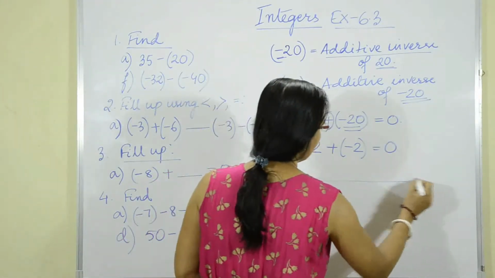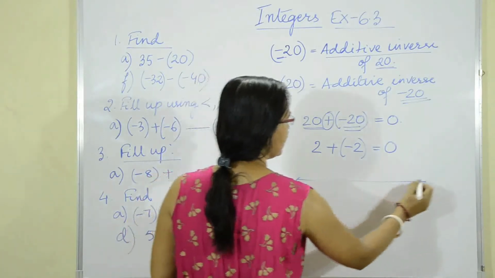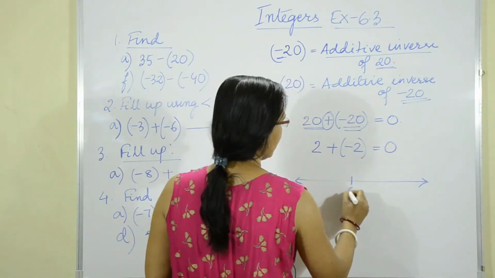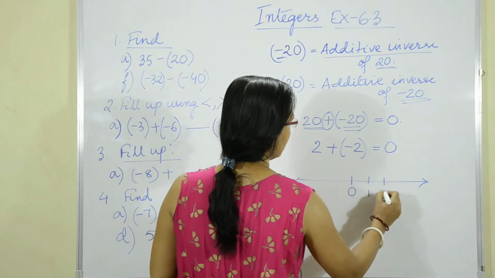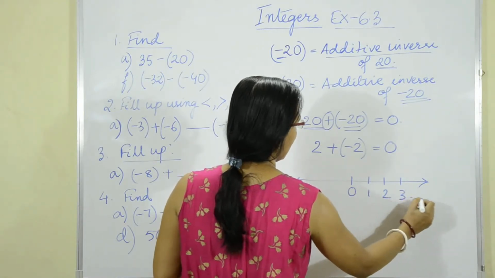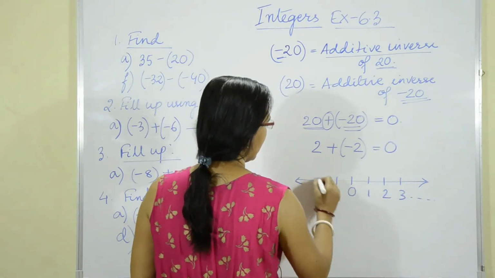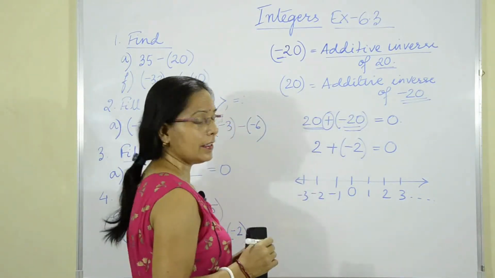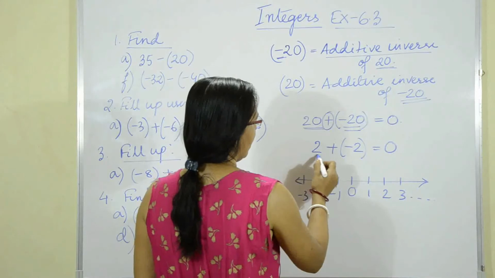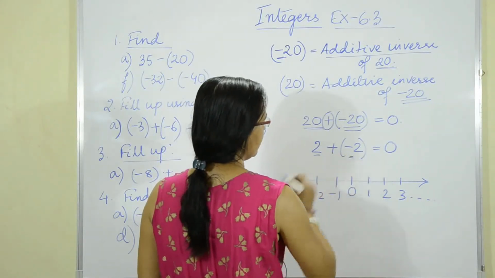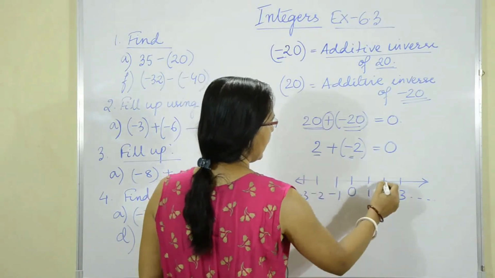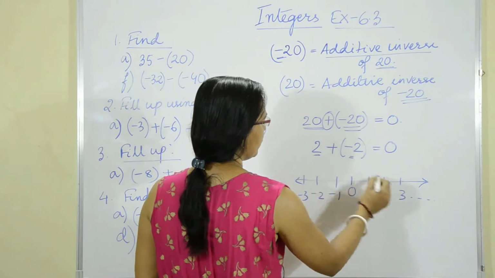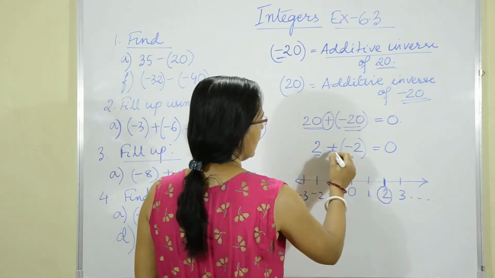I have taken 2 to make the number line short actually. So this is 0. Now this is 1, this is 2, this is 3 and so on, minus 1, minus 2, minus 3, right.